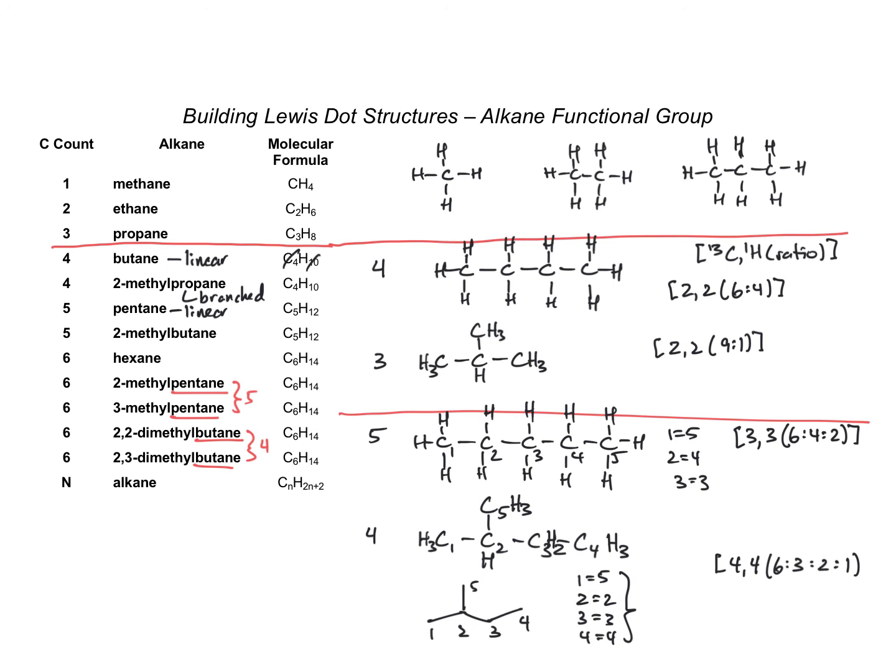So this last entry here, N, what does that mean? As we said, for this functional group alkane, which we see here, the general molecular formula for an alkane is CnH2n+2. So what does that mean?